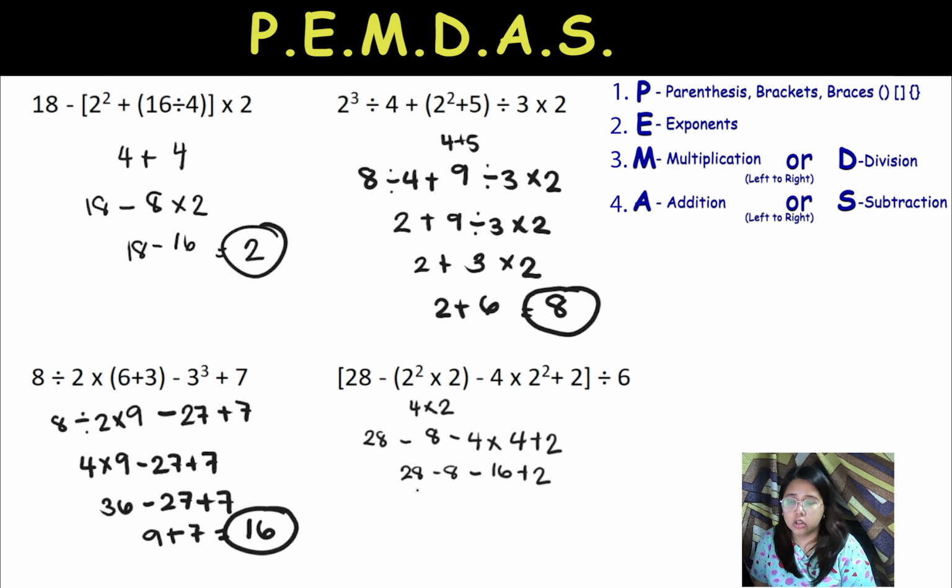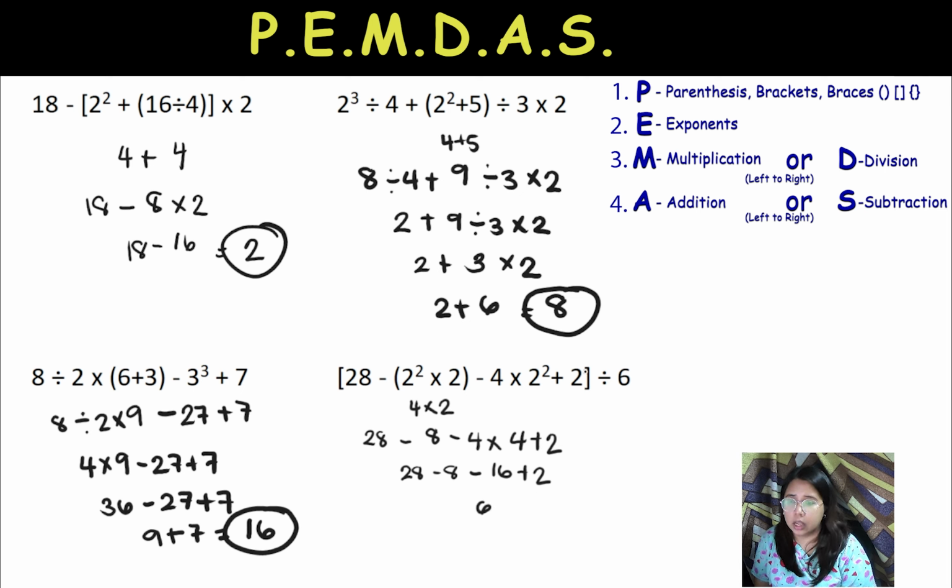Okay. So, ngayon naman, let's proceed with addition or subtraction. Okay, so whichever comes first again, okay, pwedeng mauna yung subtraction, pwedeng mauna yung addition. Okay, basta ang importante is isosolve natin siya from left to right. Okay, so in this case, we have 28 minus 8, that is 20, minus 16, that is 4, and then plus 2, that is equivalent to 6.